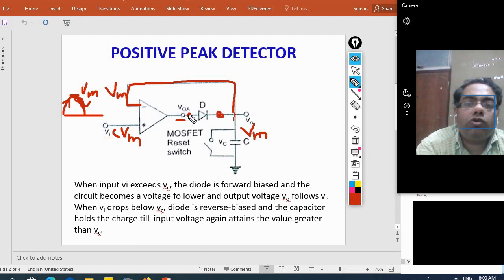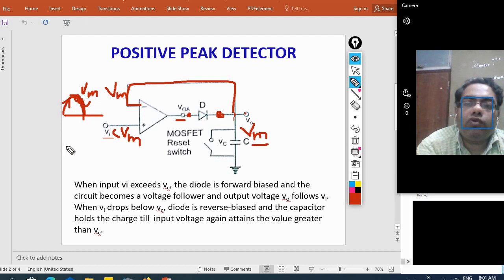That means the output of the op-amp and this output are disconnected. So this output will continue to remain Vm although the input voltage is now decreasing. As long as Vi is less than Vm, which is the peak voltage, it will remain at Vm.